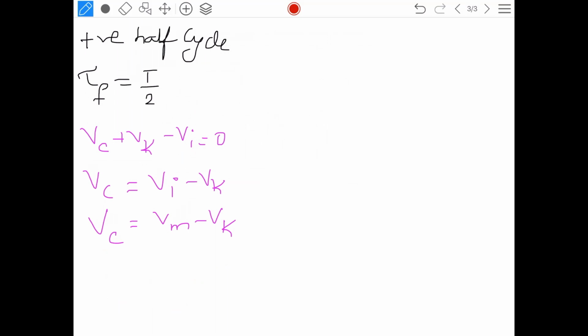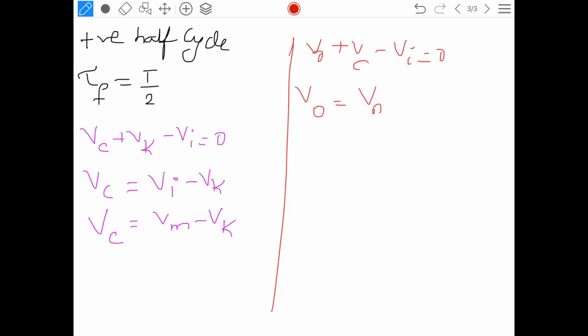Now, let us apply the KVL the same way for the output loop. So, Vout plus Vc minus Vi is equal to 0. Vout, I will just rearrange, is Vm minus Vc, correct. Just now we had calculated what the Vc value is.